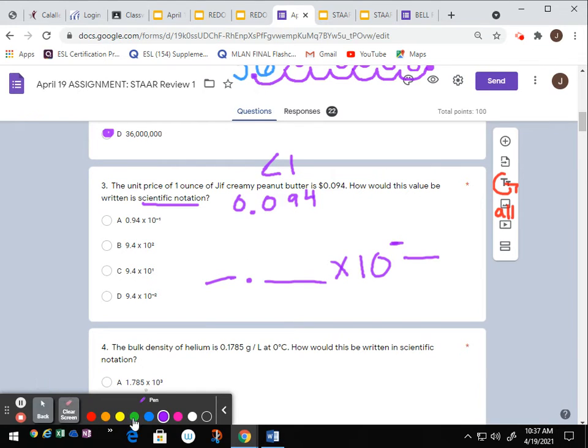So let's see how many spots we need to go over. Remember, we want our decimal to be between our first number and our second number. So we're going to move it over 1 space, 2 spaces. Now we have 9.4, and we went over 2 spaces to the right. When we want to go backwards, we go to the left, so it's 10 to the negative 2nd power.